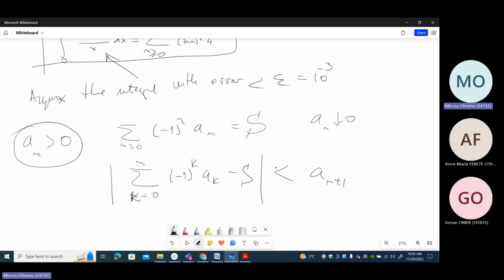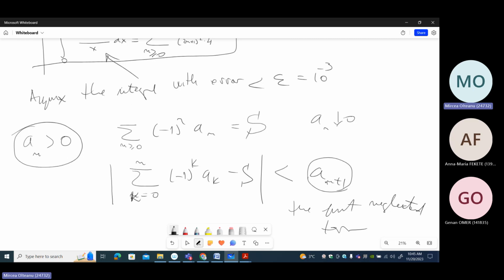We say that the error is less than the first neglected term. We add up to n, and the error we make is less than the first one which we neglect.